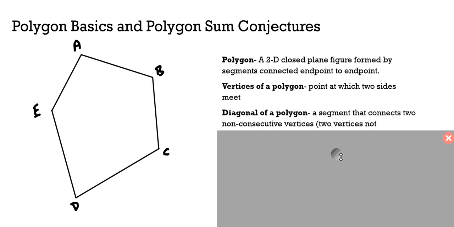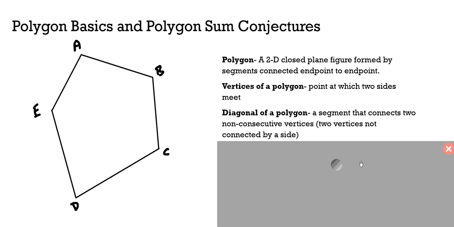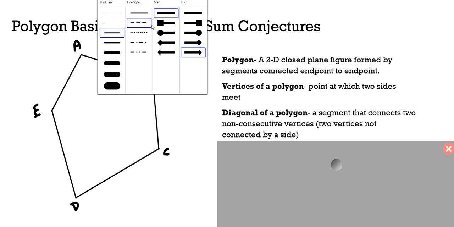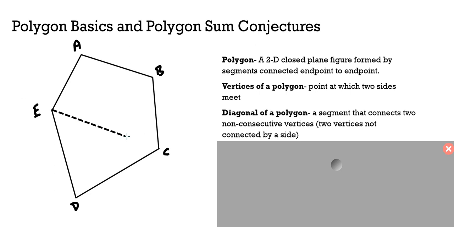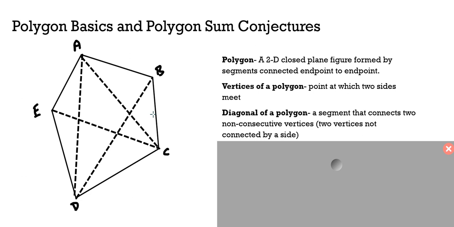When we're talking about what diagonals are, we're talking about a segment that connects vertices that aren't connected by sides. So if I put these segments in here, EC, DB, AD, and so forth, these are going to be diagonals.